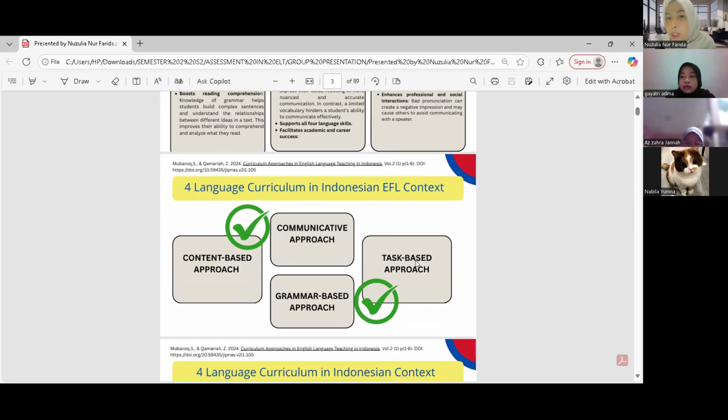And the language curriculum approaches in Indonesia for the foreign language context are, first, content-based approach, communicative approach, grammar-based approach, and task-based approach.